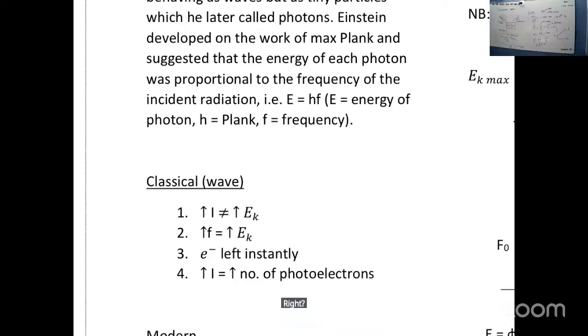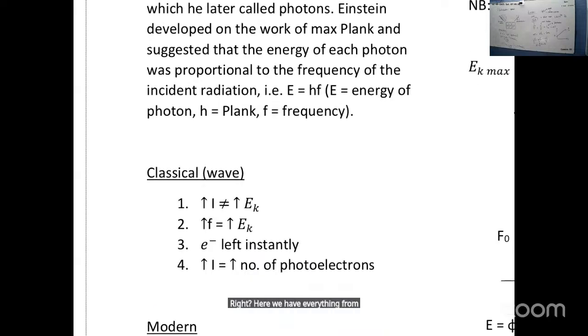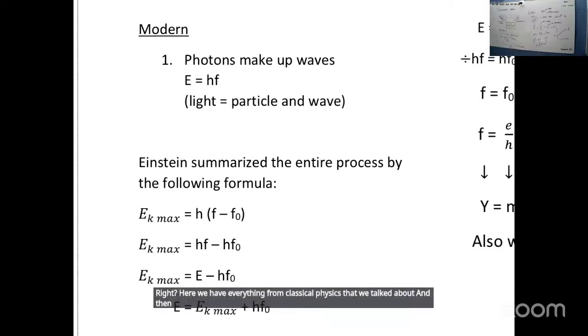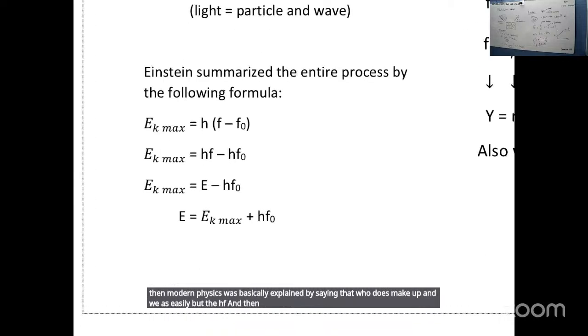Here we have everything from classical physics that we talked about, and then modern physics was explained by saying that photons make up the waves, E equals hf, and then we have the Einstein formula there.